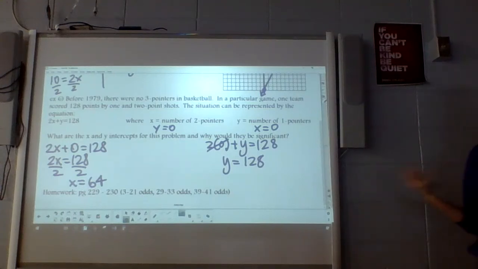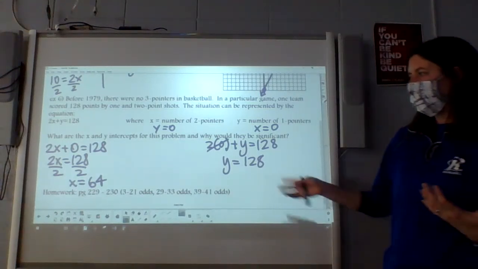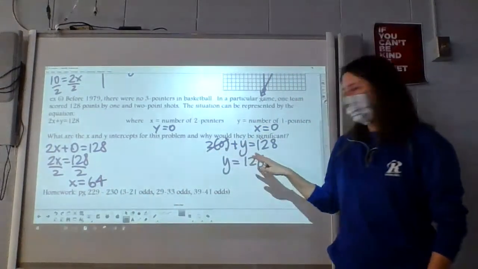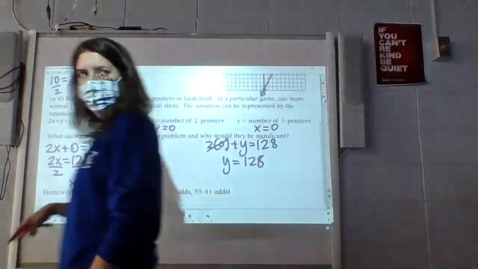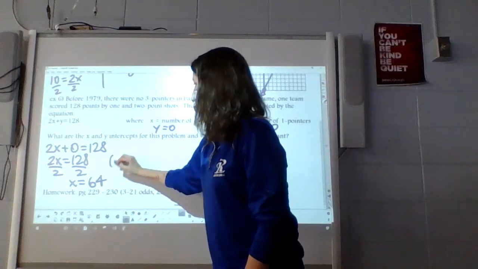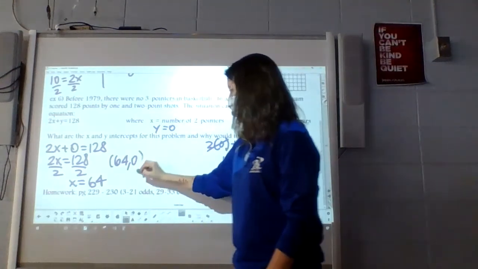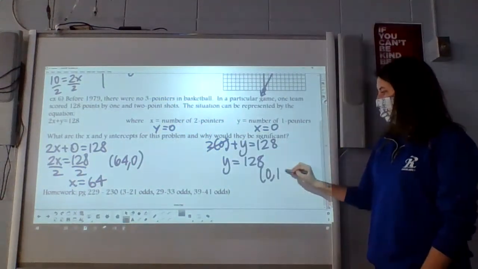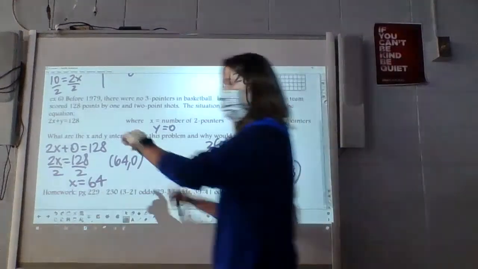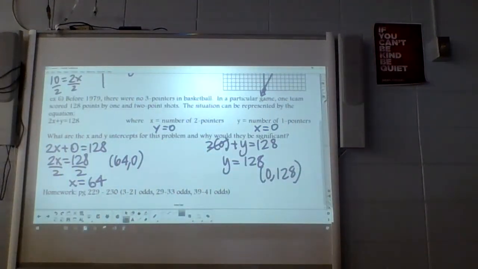Why are these two numbers significant in this problem? They scored 128 points. Why would 64 or 128 be interesting? Does anyone know? So this is 64, 0, and 0, 128. What is happening in each of those cases?